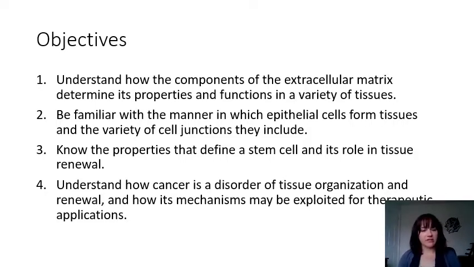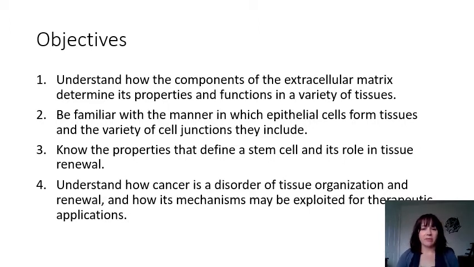Third objective of this chapter is that you know what the definition of a stem cell is, what it does normally for a tissue, and then also the different sources of stem cells for research and therapeutic use. You should be able to compare and contrast embryonic stem cells and induced pluripotent stem cells.